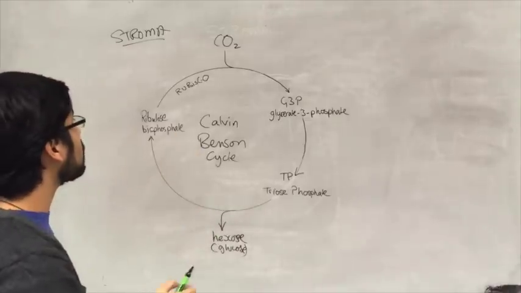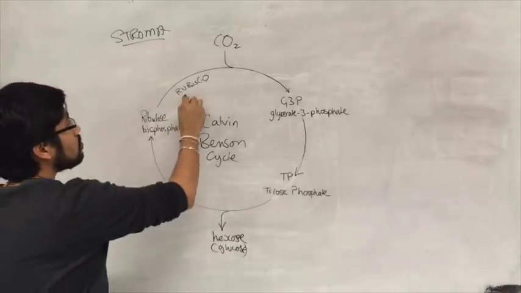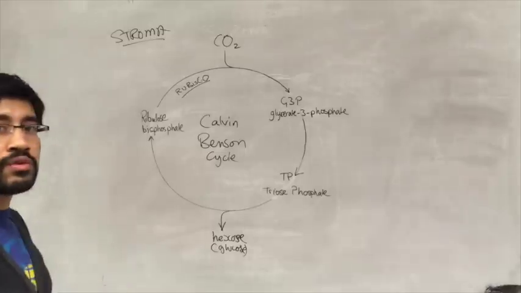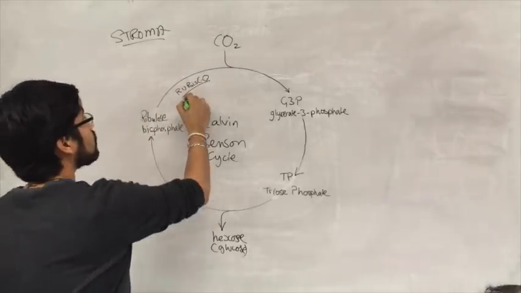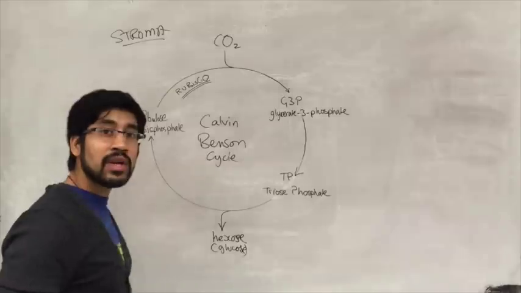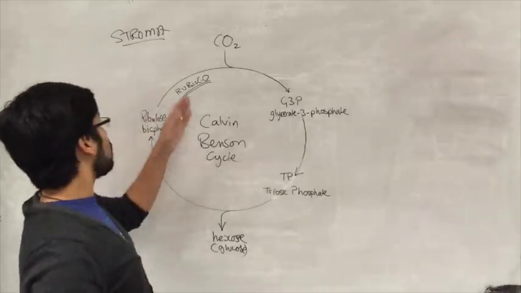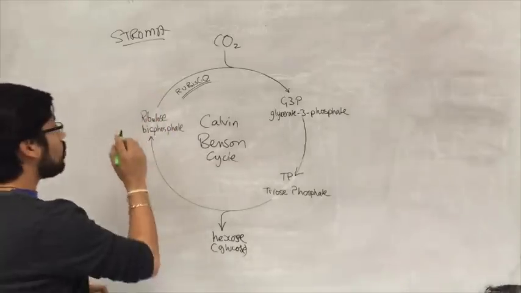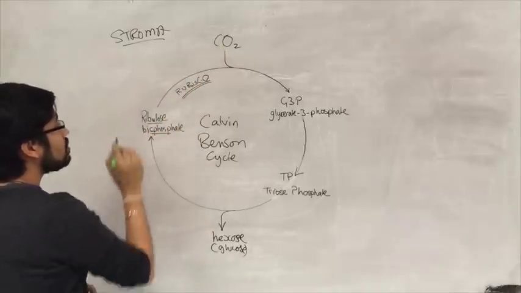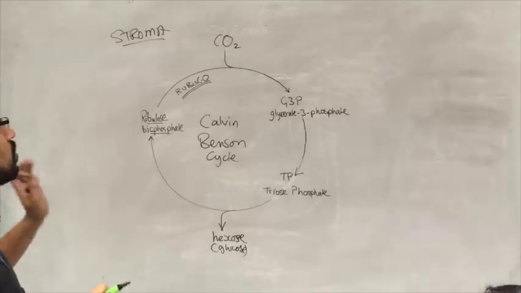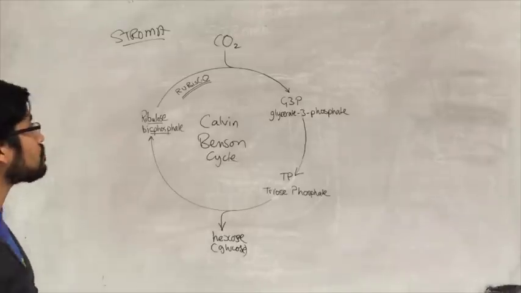And in the stroma, it will encounter an enzyme called ribulose bisphosphate carboxylase oxygenase. I don't think it's necessary, but it's got a shorter name called rubisco. What it does is it combines that carbon dioxide with a pre-existing molecule called ribulose bisphosphate.